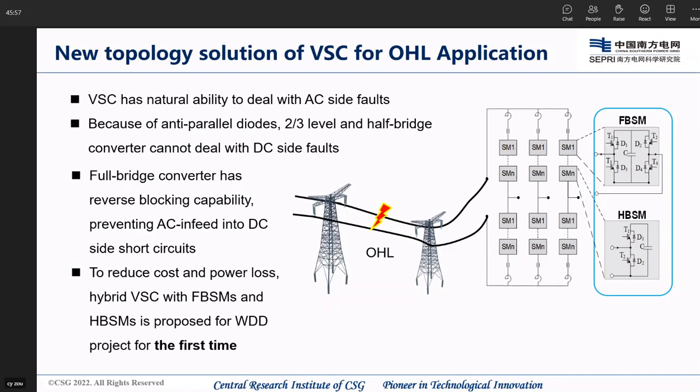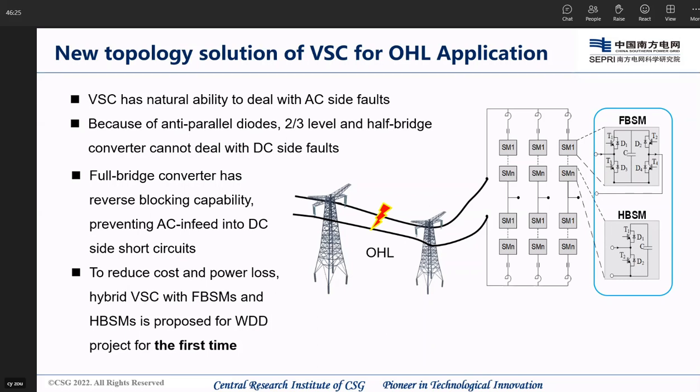VSC has natural ability to deal with AC side faults. This is their advantage. However, because of the anti-parallel diodes, 2-level, 3-level, or half-bridge converters cannot deal with DC side faults. The fault current flows through the diodes and cannot be turned off by the semiconductors.